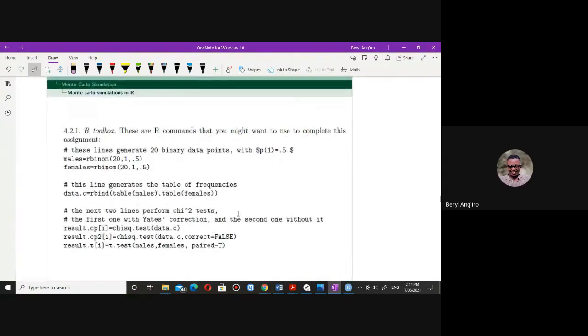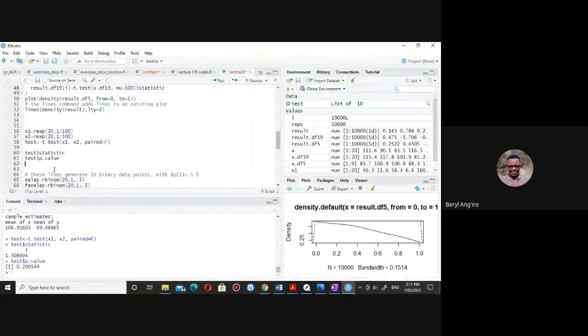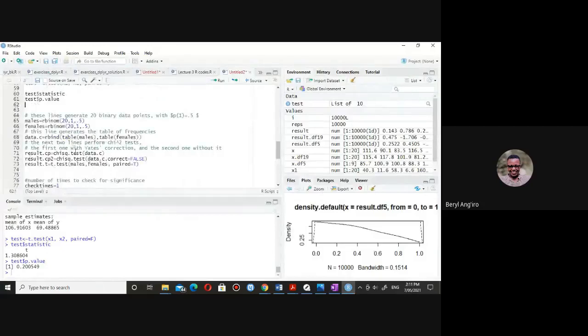So these are the commands that you might use to complete this assignment. Here we are generating 20 binary data points. Because they are binary, it's either that the person was accepted to the program or not, so we have 0 or 1. Therefore, this is a binomial, and each has the same probability of occurrence.